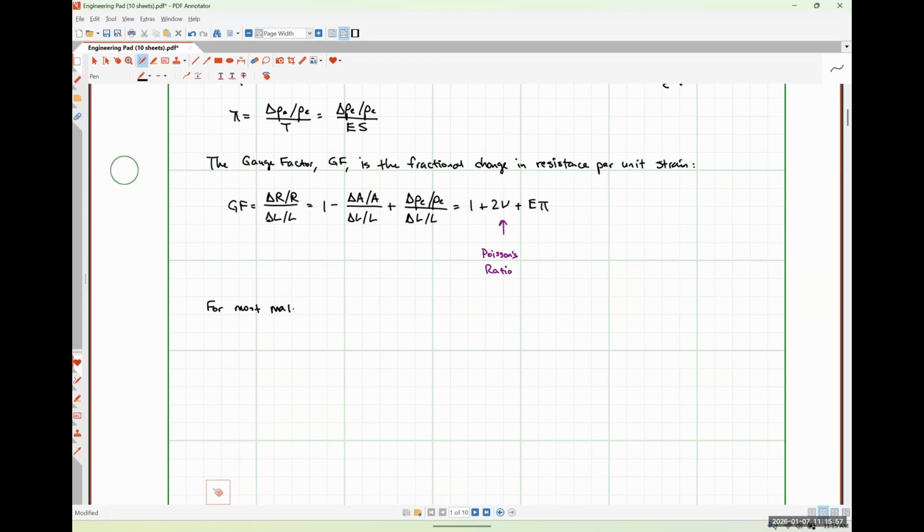So for most materials, zero is less than nu is less than 0.5.